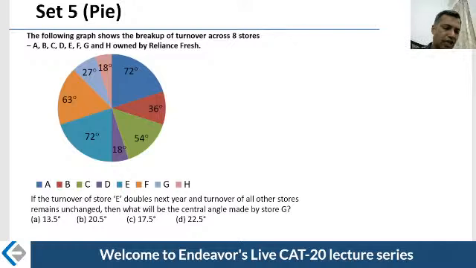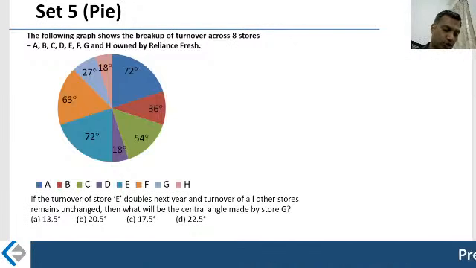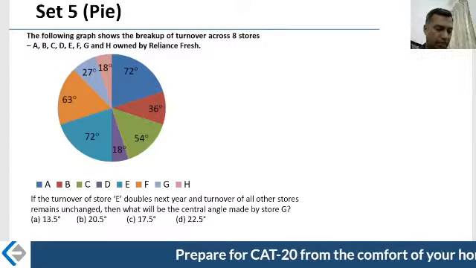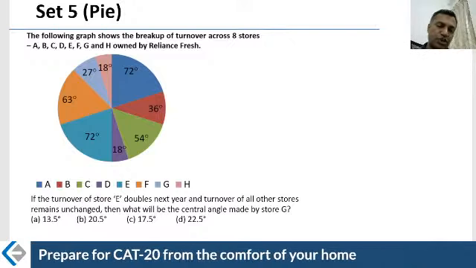If the turnover of store E doubles next year and the turnover of all other stores remains unchanged, then what will be the central angle? This time the author is interested in the angle made by store G.